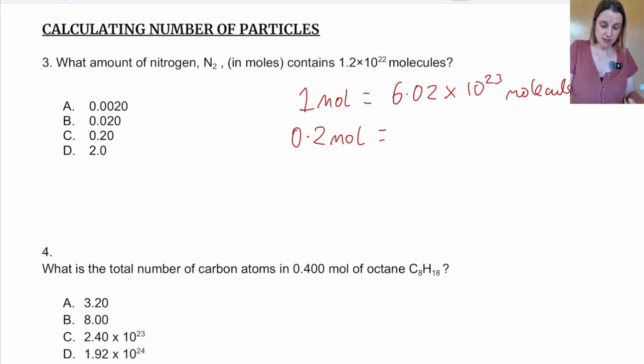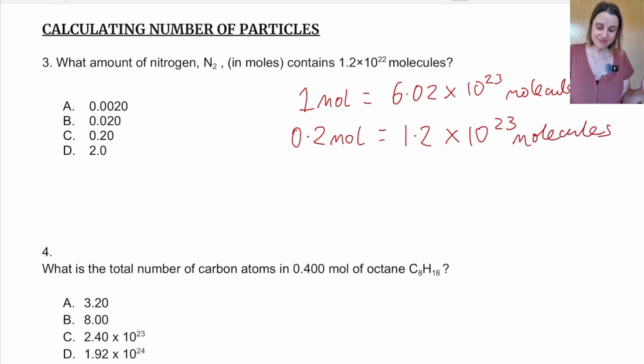So what we're going to say is we've got 1.2 times 10, and it's going to still be to the 23 because it's just a fraction of that 6.02 at the top. This is not right, and I need to make it a full order of magnitude smaller, because I need to get to 1.2 times 10 to the 22 molecules.